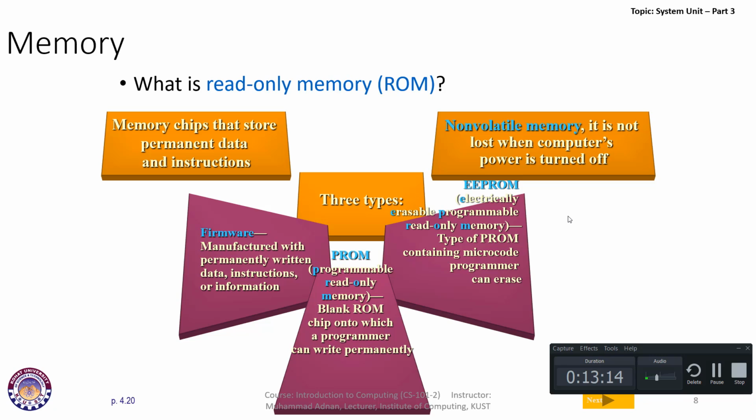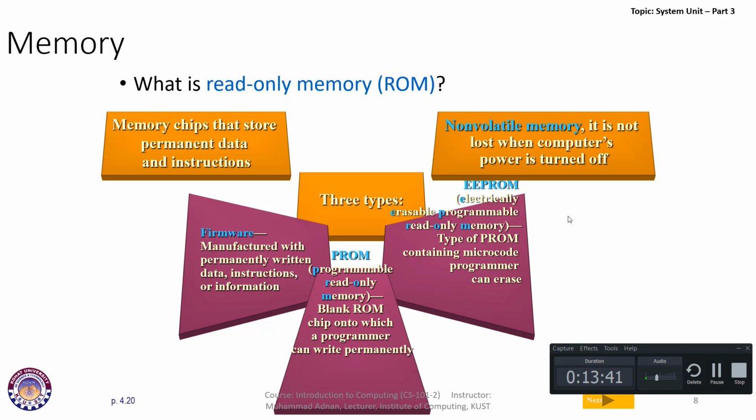There are many types of ROM, but for this lecture we are going to discuss 3 types. The first one is firmware, manufactured with permanently written data, instructions or information. And then we have programmable read-only memory, also called PROM, a blank ROM chip onto which a programmer can write permanently. So these are blank chips where a programmer can write permanent data.